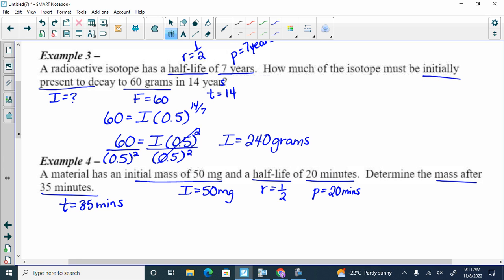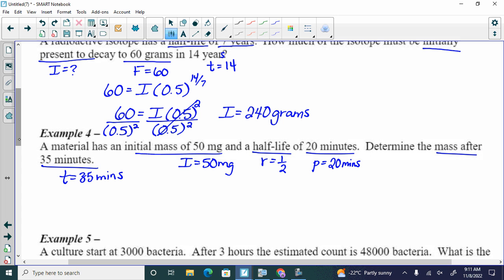Okay, so what are they asking me to find? Final, not any type of exponent. So I'm not going to have to log anything, okay? So final equals initial, which is 50, times half to the T over P, which is 35 over 20, and then we just type it in.